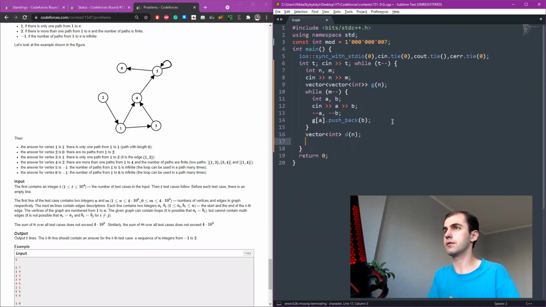Let's write the following implementation of topo sort. In degrees, right? In degrees.